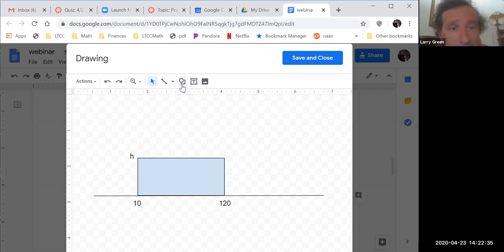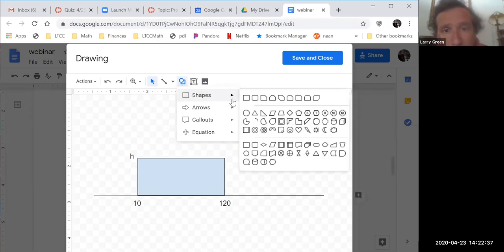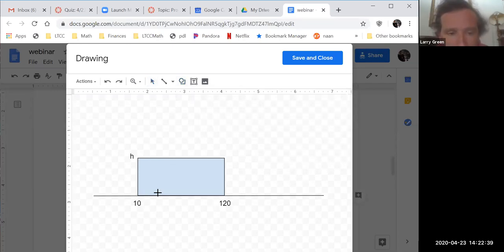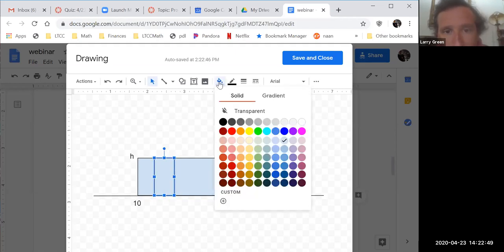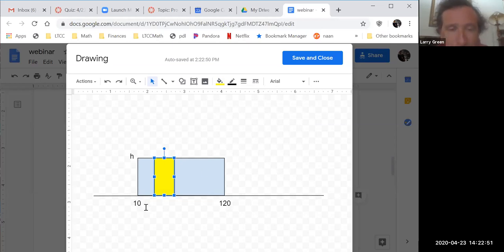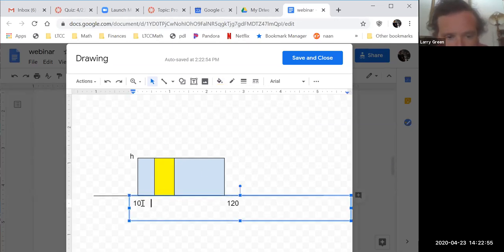I'm going to put another rectangle in. Grab a rectangle. And I'm going to go 30 to 70. 30's around here. 70's around here. And let's make it yellow inside. And let's put in some numbers, 30, 70.